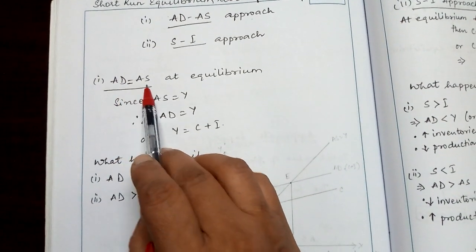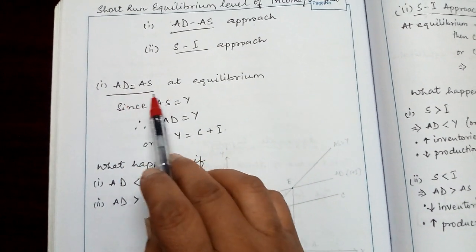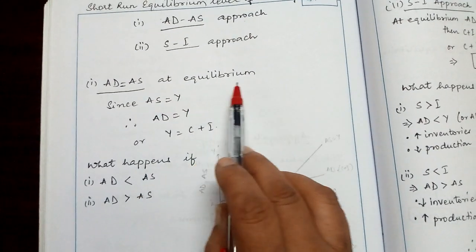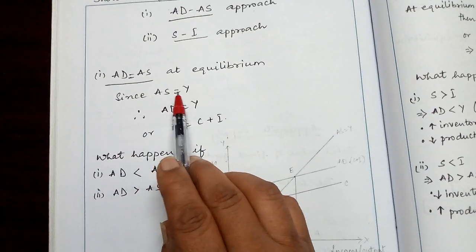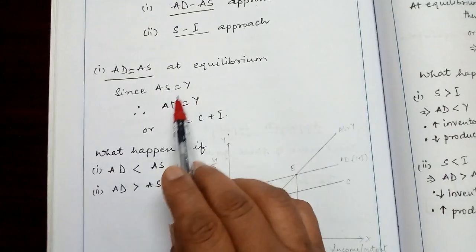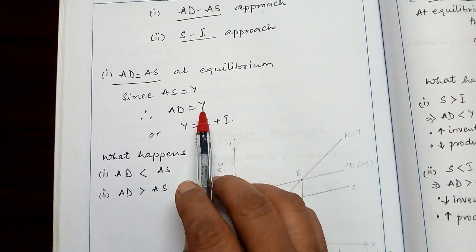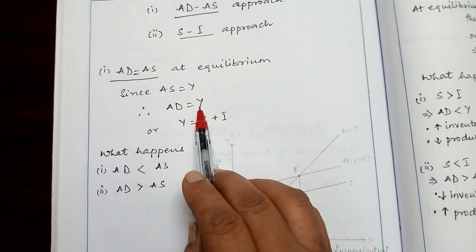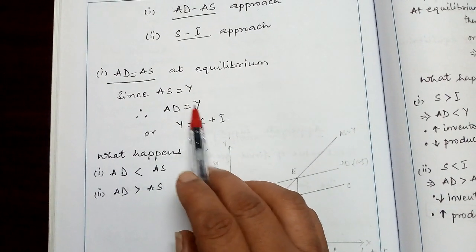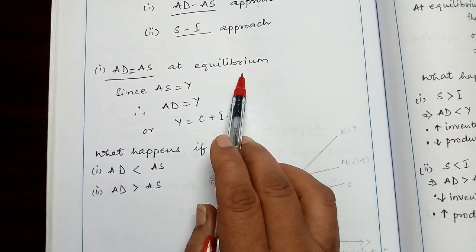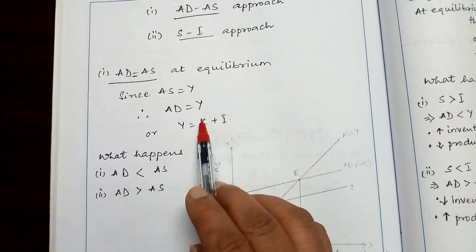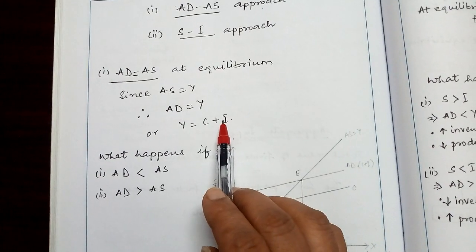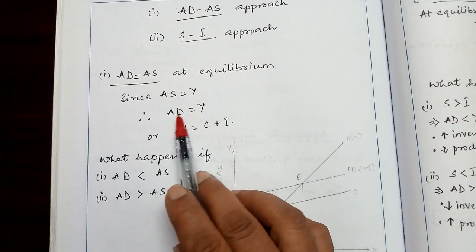Aggregate demand is equal to aggregate supply or AD-AS approach at equilibrium. Now since aggregate supply is equal to national income and aggregate demand is also equal to national income, since AD is equal to AS at equilibrium, Y is equal to C plus I. C plus I, consumption plus investment, is nothing but aggregate demand.